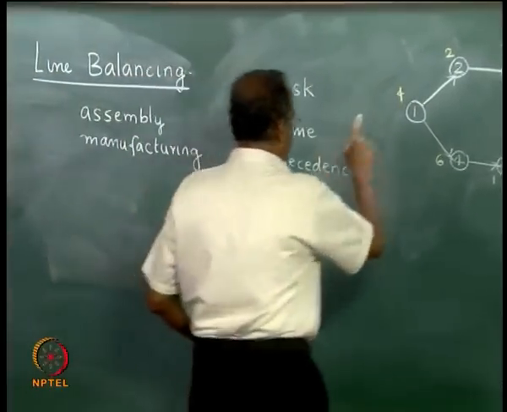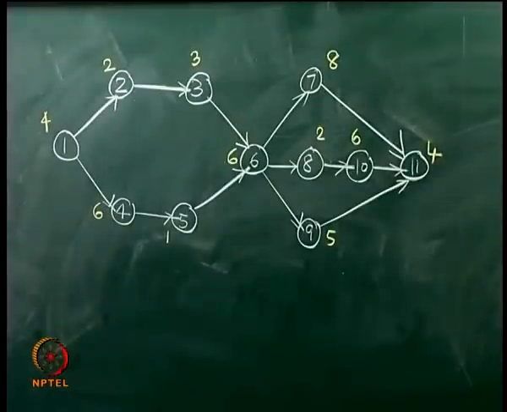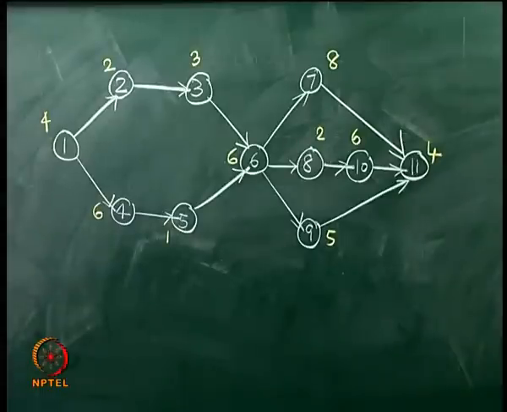Now, the numbers shown in yellow are the time taken to do each of these tasks, and they are shown as node labels, labels associated with the node.